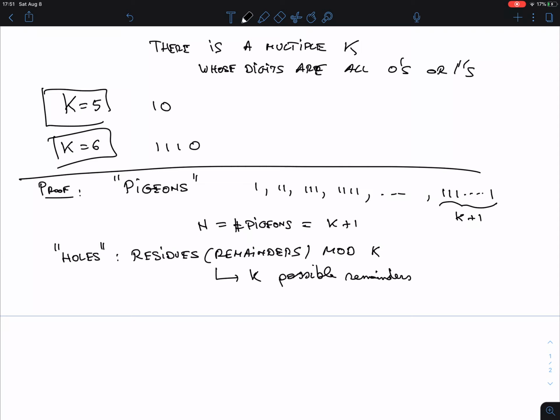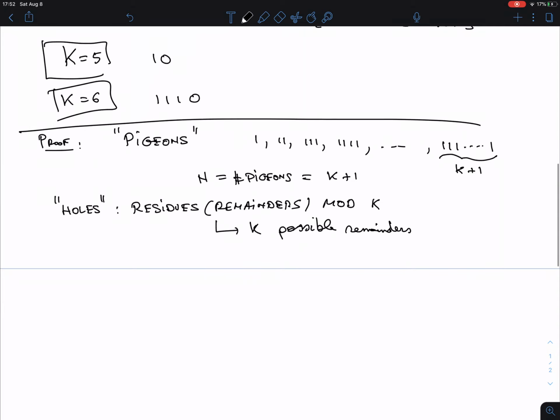If I divide by 6, the possible remainders are 0, 1, 2, 3, 4, and 5. That's by definition, okay? So there are exactly 6 of them. So in general, if I divide by k, there are k possible remainders. So we're in a situation where we have more pigeons than holes. This means that among this list of numbers that I have, 2 have the same remainder when I divide by k.